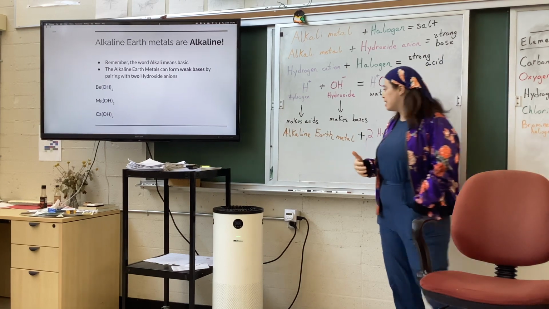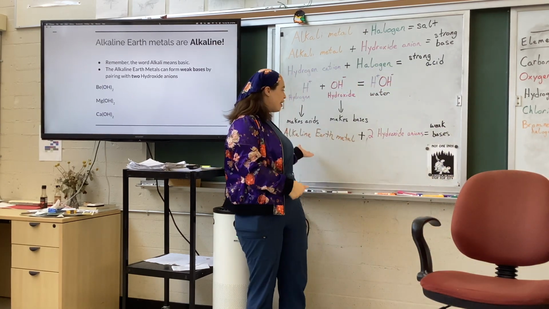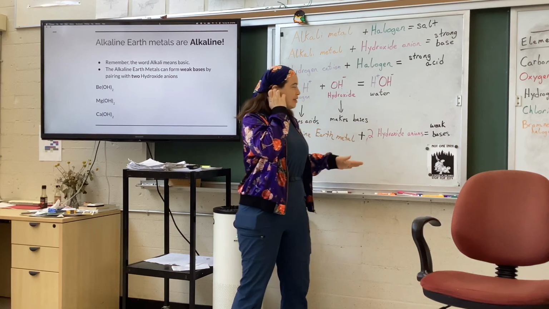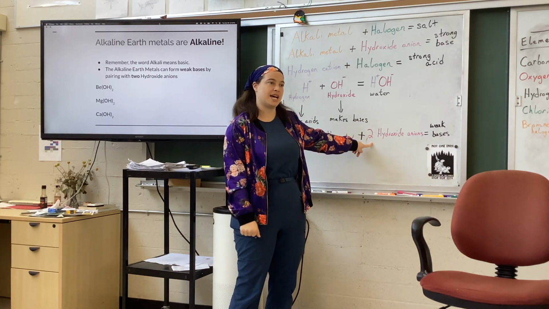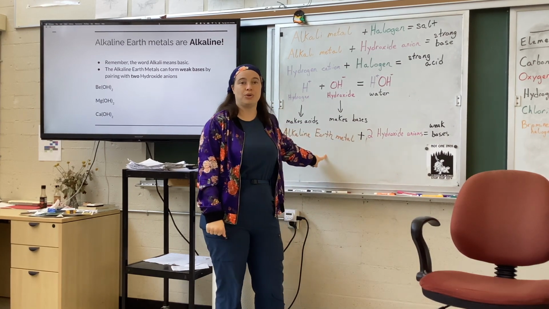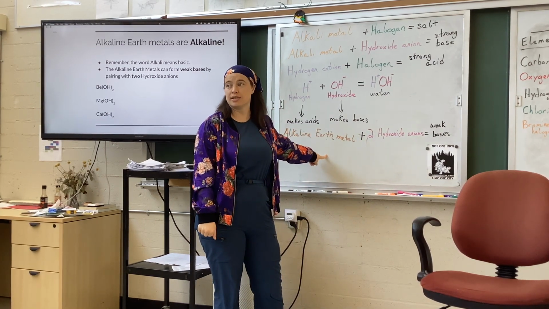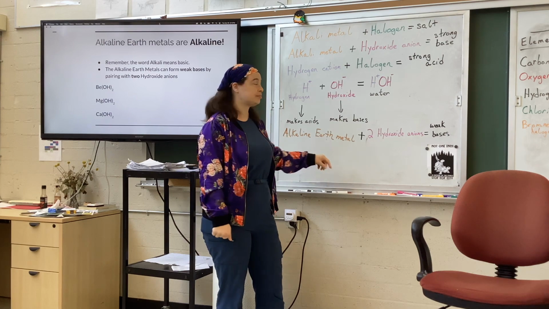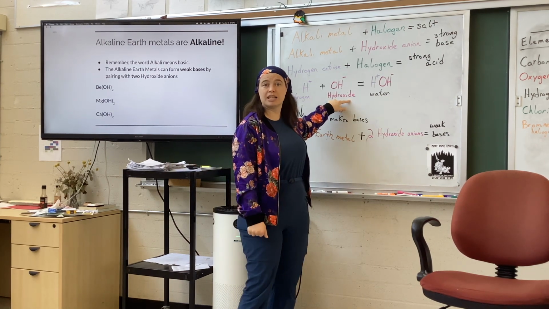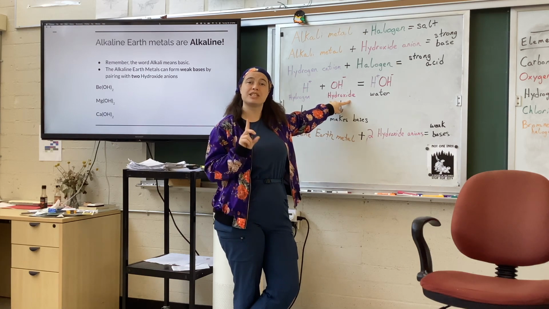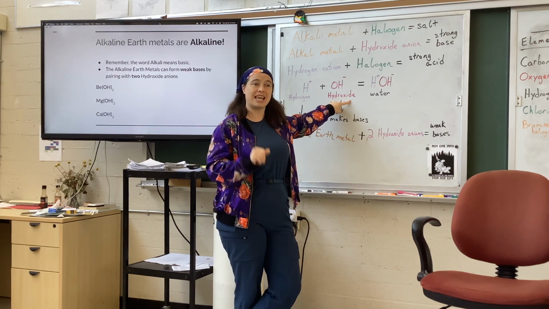So there is a very good similarity here, but the key difference is it takes a pair of hydroxides to balance out those two positive charges from the alkaline earth metal. Because hydroxide, this polyatomic anion, has a charge of -1, so it only has a single negative charge.